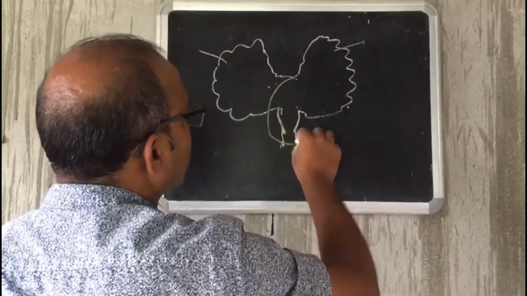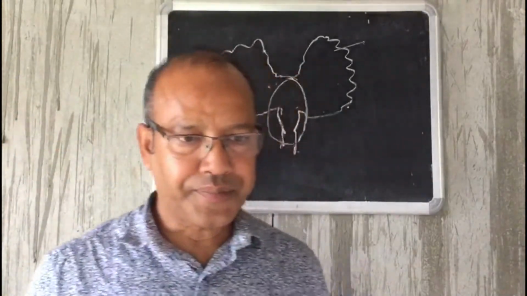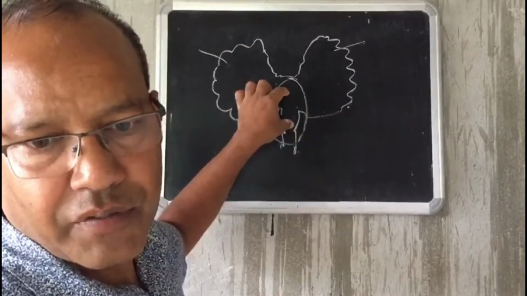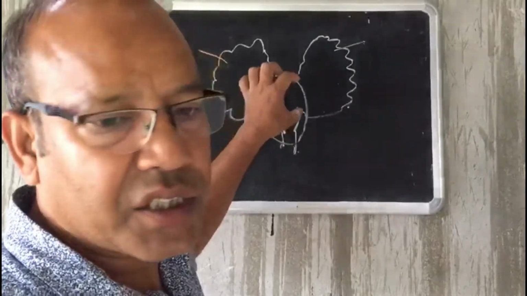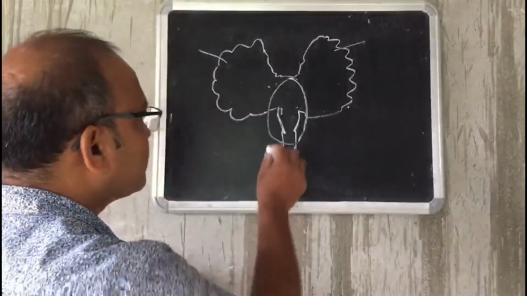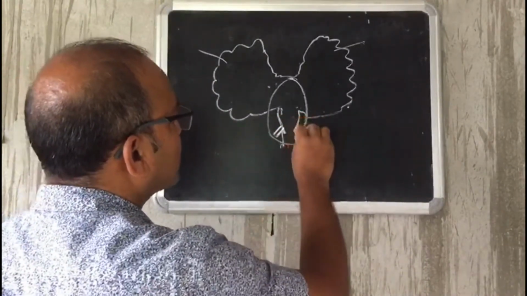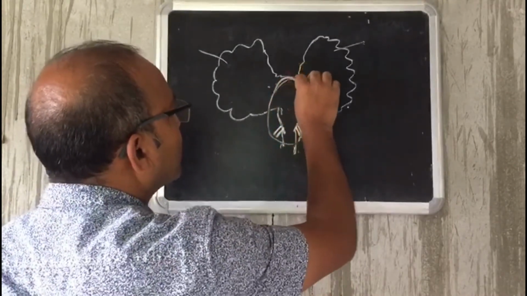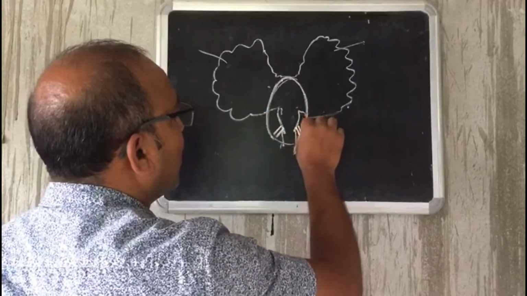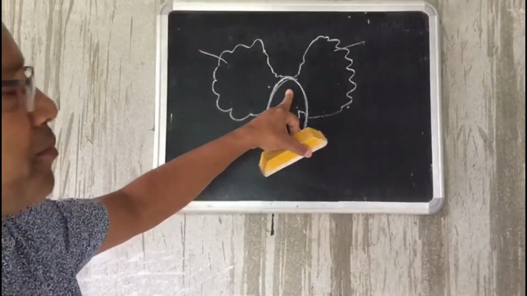This region of the brain, which is basically the brain stem, is called the midbrain. It is made up of the peduncle of the cerebellum and the tegmental region of the brain stem.